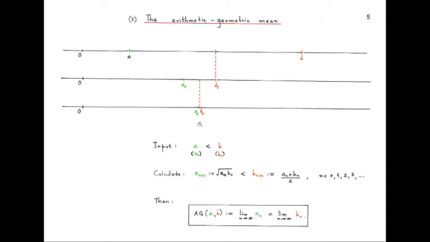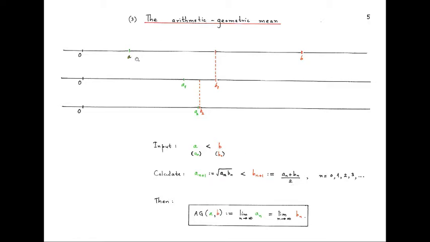And finally, the fact that the two limits alpha and beta have to be equal follows from this recurrence relation, because for large n's, this b(n+1) starts looking more and more like beta. Meanwhile, a_n for large n starts looking more and more like alpha, and this b_n starts looking more and more like beta. So passing the limit as n tends to infinity, we get the equation that beta is equal to (alpha plus beta) by 2, or 2 beta is alpha plus beta, and hence alpha is equal to beta.